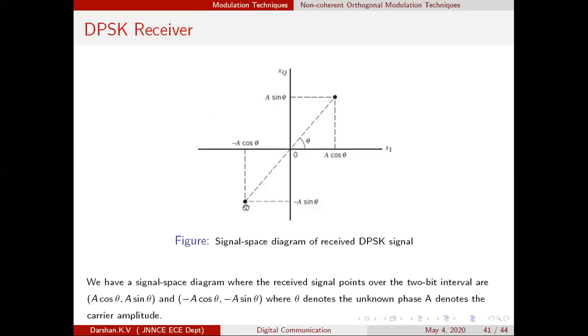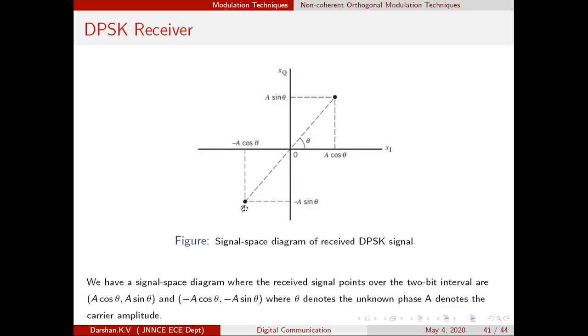What does this point represent? This point represents the signal or the carrier with 180 degree phase difference. Any signal with 180 degree phase difference is represented over here. This is having zero phase. If the signal is having 180 degree phase, this is the representation.